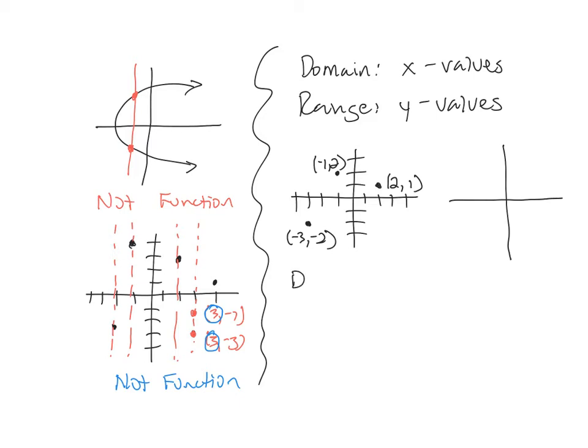So you would say that the domain, and really the order doesn't matter. They tend to write them from smallest to biggest, but it really truly doesn't matter. So remember, the domain are the x numbers. So I'd have -3, -1, and 2 in some order. And then the range are the y numbers.